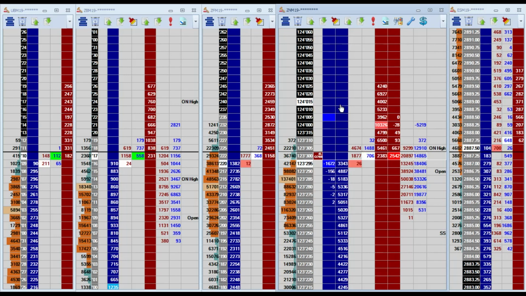So we're paying up for this one, and it's really just because of what happened last time. I still think sellers are in control, at least thus far.